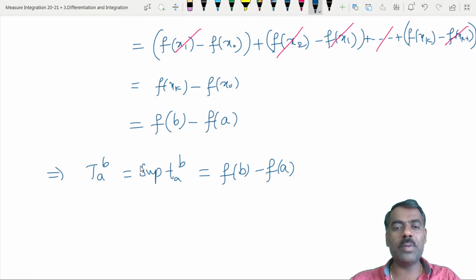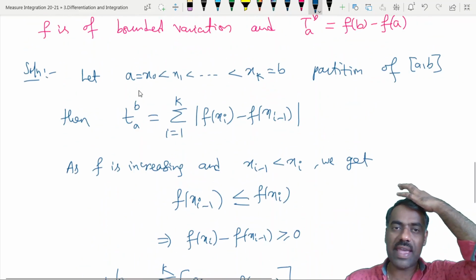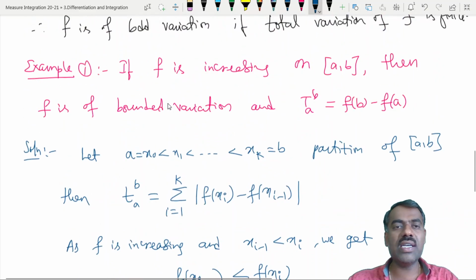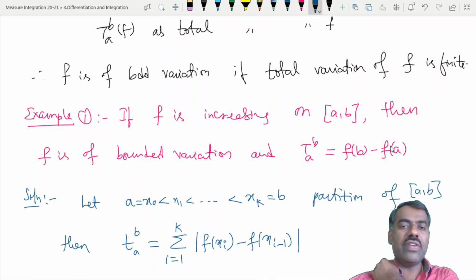In particular, the supremum among all these values is also equal to f of b minus f of a. And of course it is a finite value, because f is a real valued function. So any increasing function, you can see that it is of bounded variation.